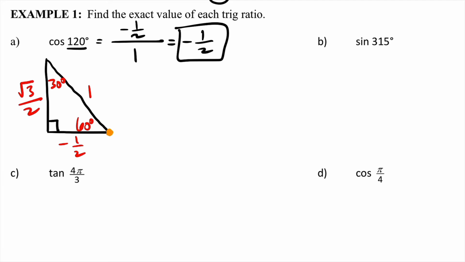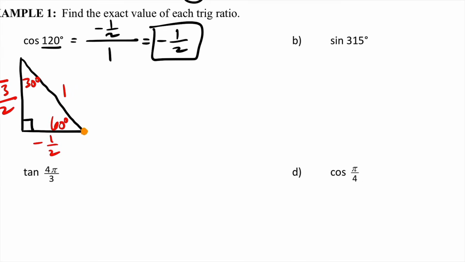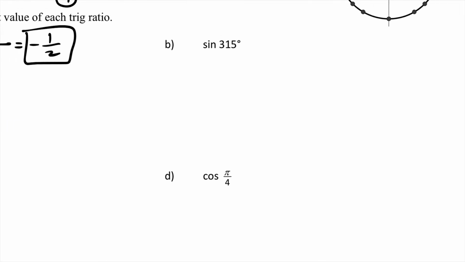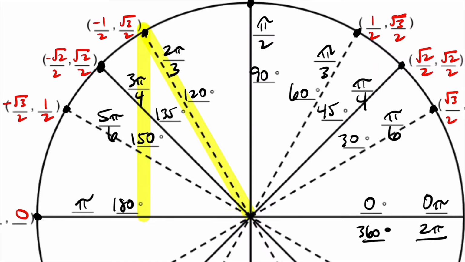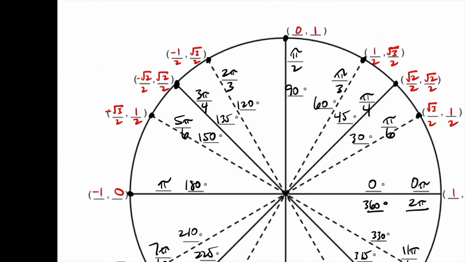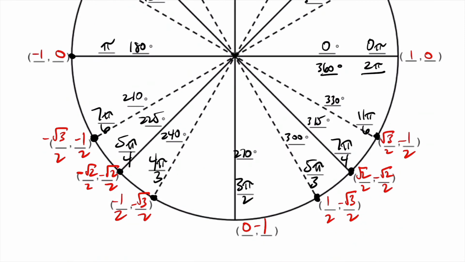Okay. All right, let's try the same thing, but now let's try it for 1b. 315. Now I'm doing 315. So step 1 says go find 315 on your unit circle. It's right there. I'm going to draw the triangle now.